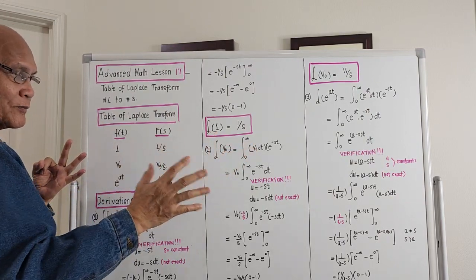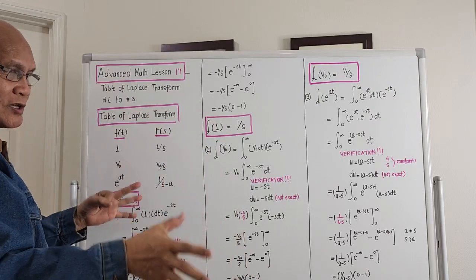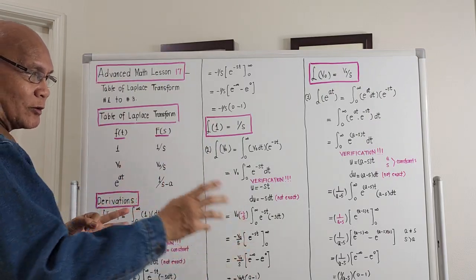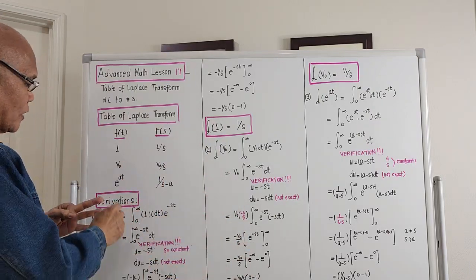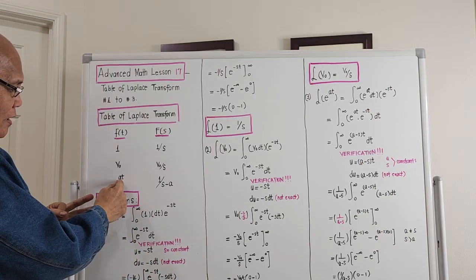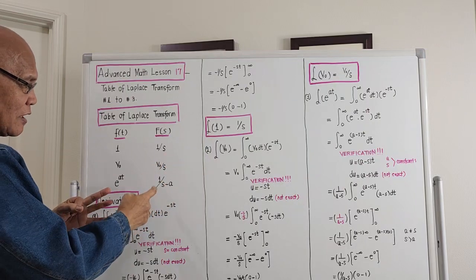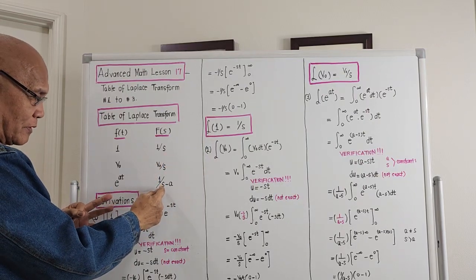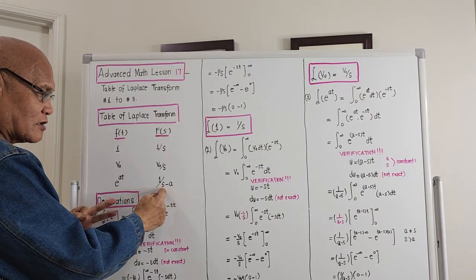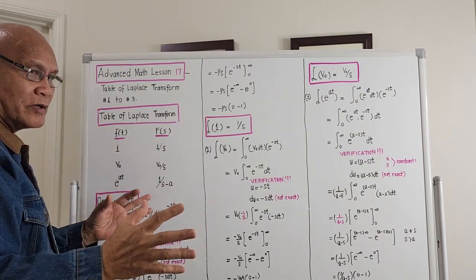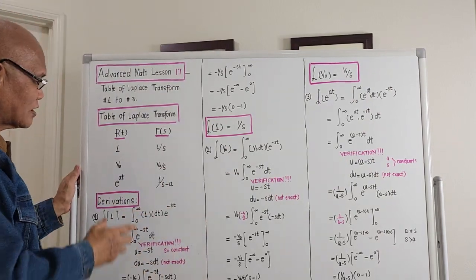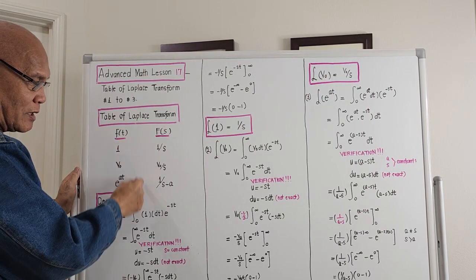And the third one, for this morning I will only discuss 3 so we could accommodate all 3 for the discussion, okay? That is e raised to a times t. The transformation of this in Laplace is actually 1 over the difference s minus a. So it's a must that we memorize these 3 transformation formulas.